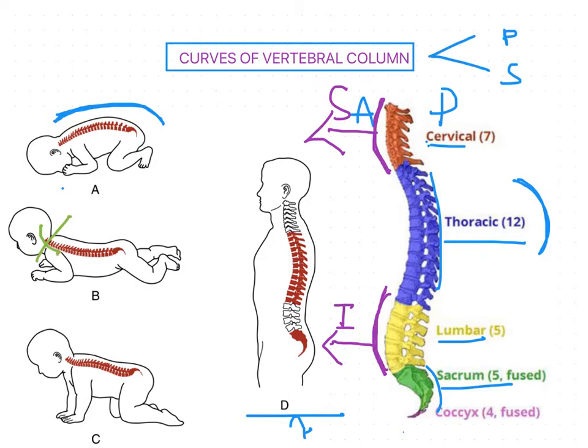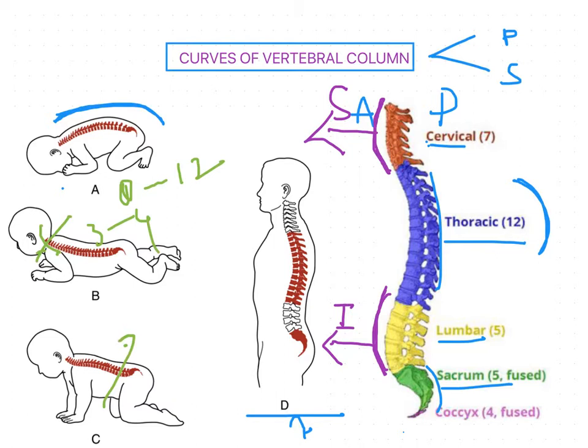Normally the infancy period is from birth to 12 months. The superior secondary curve is formed at the age of 3 to 4 months, and the inferior secondary curve is formed when the baby begins to stand and hold the trunk upright.